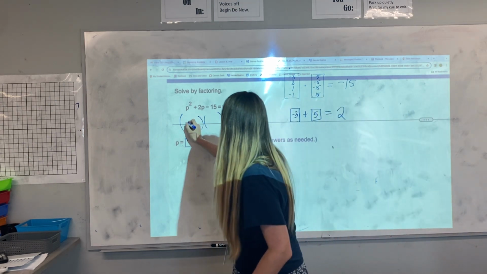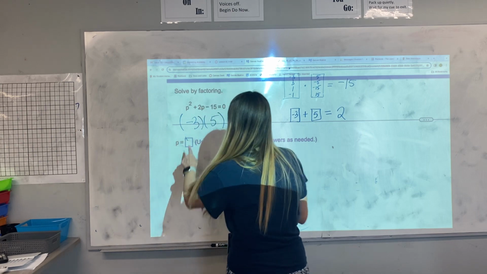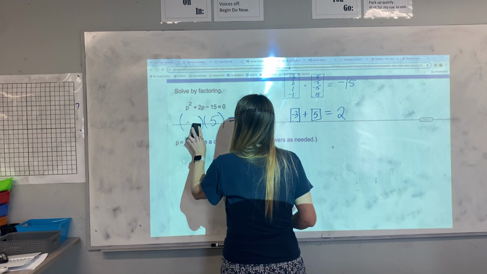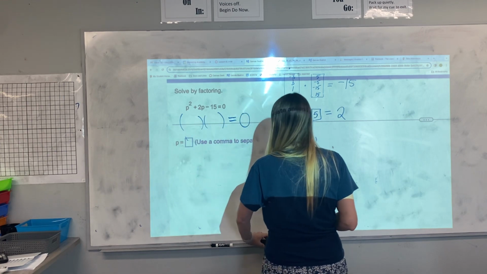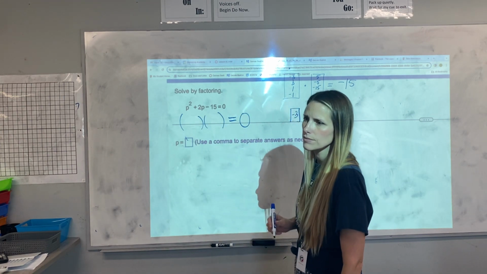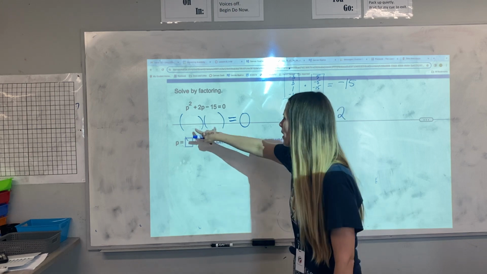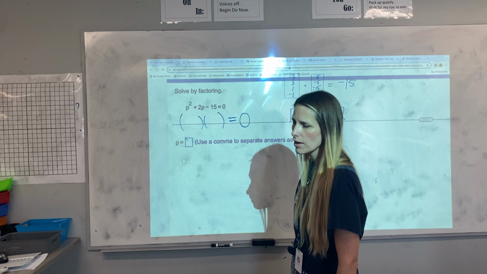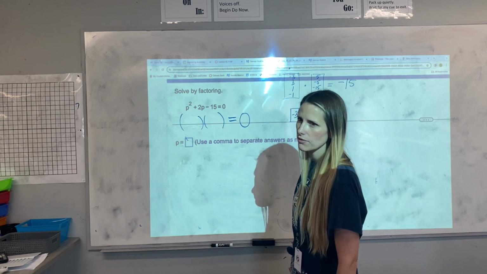But does it just go like this, negative 3 and positive 5? No. What does it look like here? What do I write inside these parentheses? For the binomial factors.